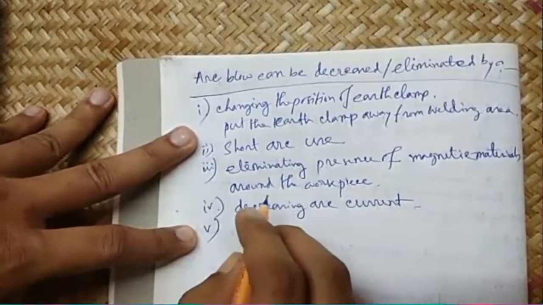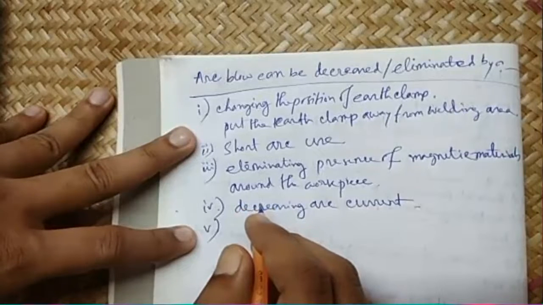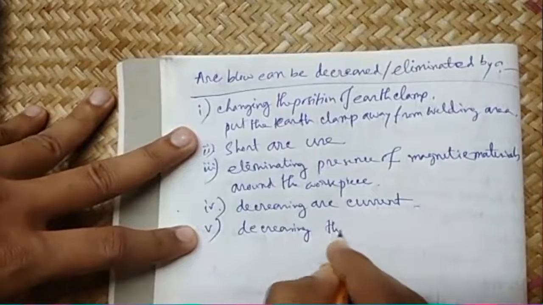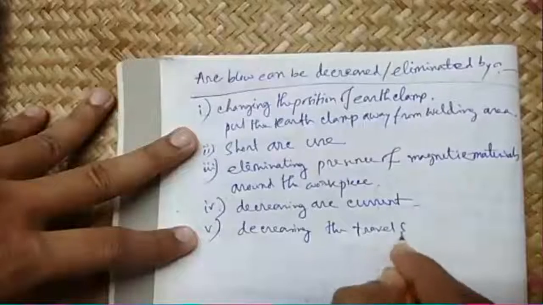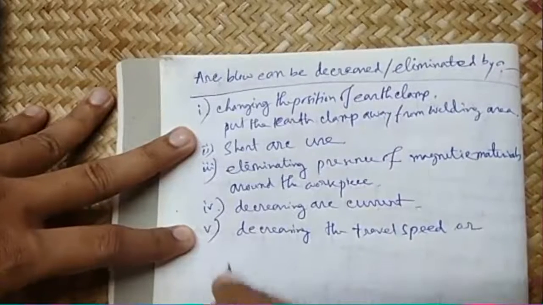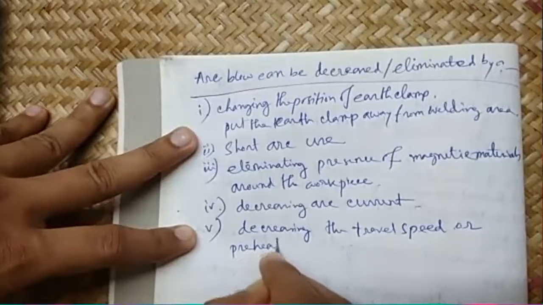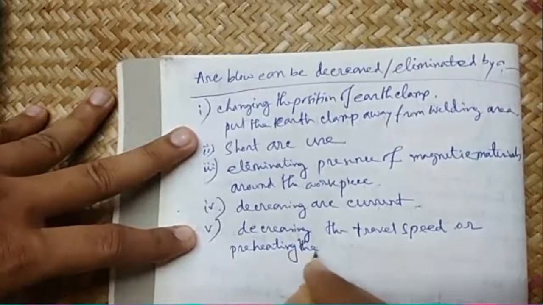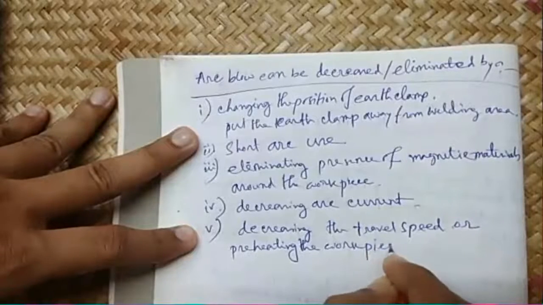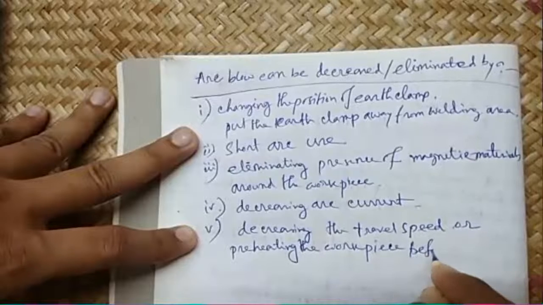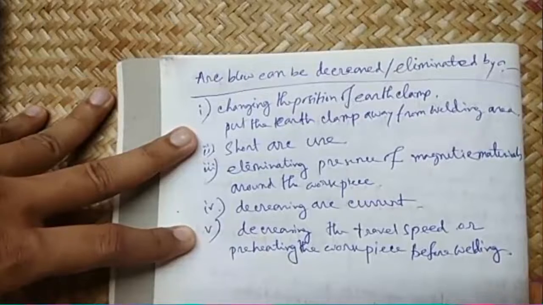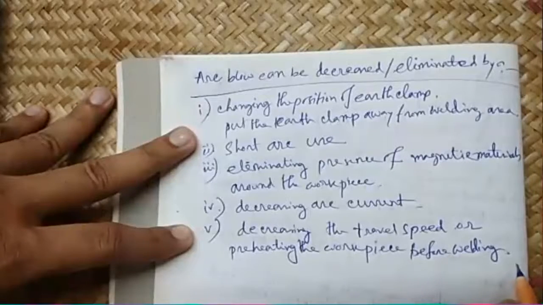And number 5, decreasing the travel speed or preheating the workpiece before welding.